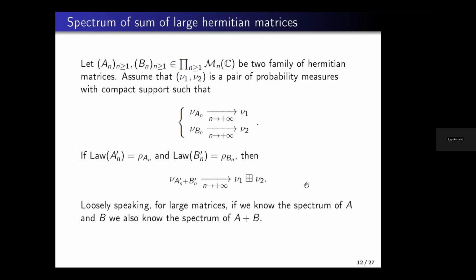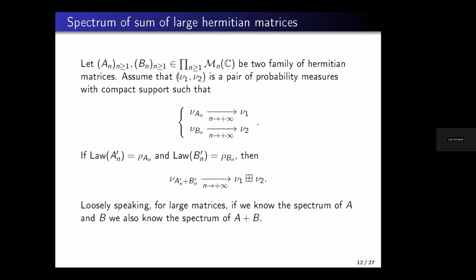So now here comes the theorem where free convolution appears. If you have two families of matrices, A_N and B_N, so A_N is a Hermitian matrix of size n, B_N also. Okay, you have additional hypotheses. I think you have to ask that the norm is bounded and so on.